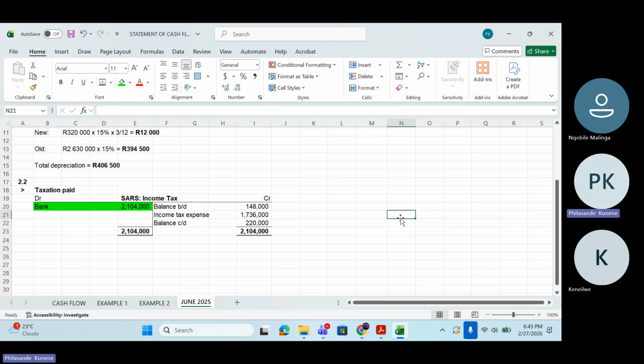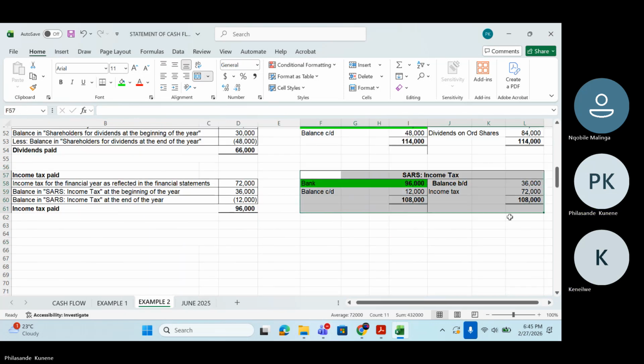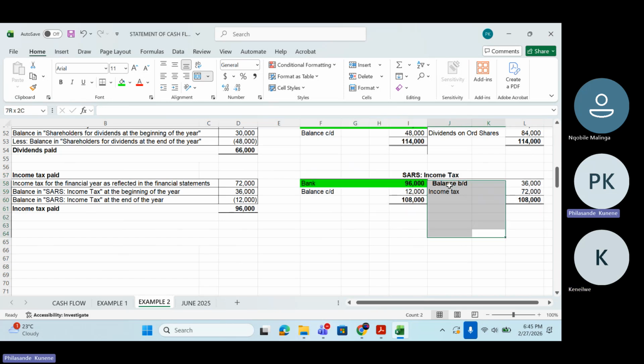Okay, can you guys see what's happening here? You see how this one is different from this? Because this one, opening balance is on the credit side, but the closing balance is on the debit.